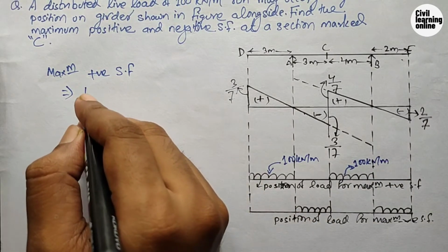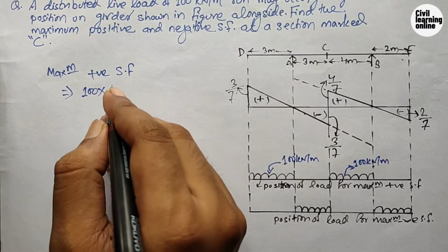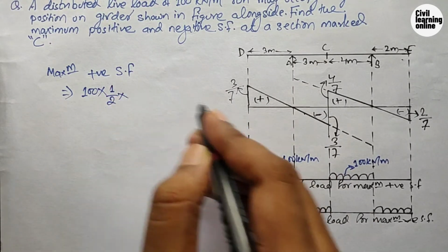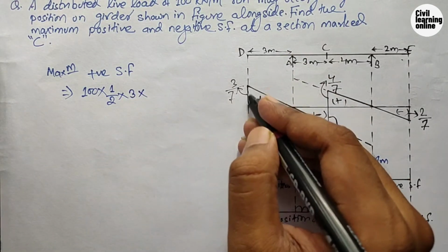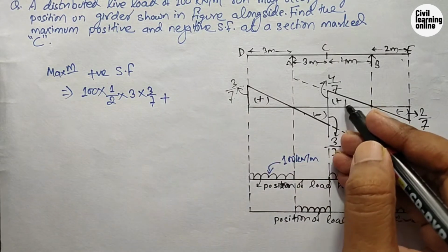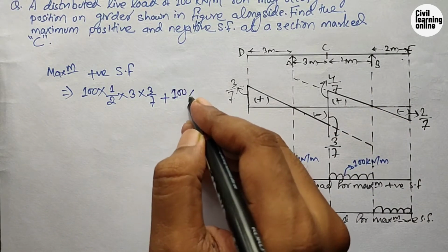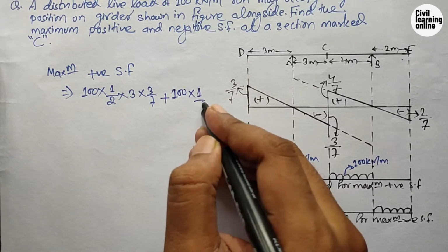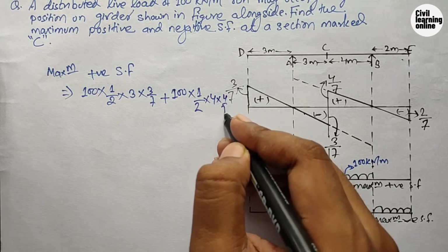So 100 is first multiplied with the area of this triangle: half times base of the triangle, 3 meter, times ordinate height of the triangle, 3 by 7, plus this intensity of load, 100, multiplied by half times base, 4 meter, times height, 4 by 7.